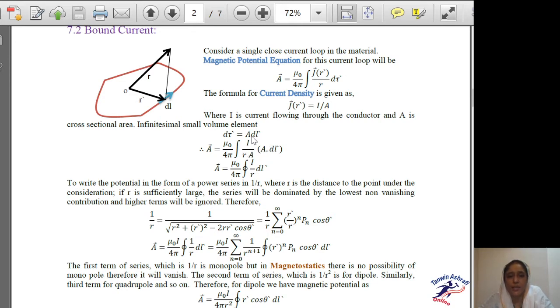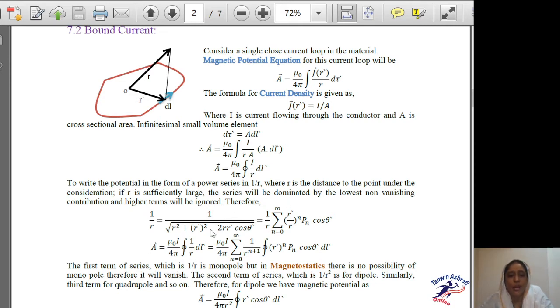A gets cancelled and the equation becomes mu naught divided by 4 pi, integration over closed path, I divided by R, dl prime. We write the potential in the form of a power series of 1 upon R, where R is the distance of the point under consideration. If R is sufficiently large, the series will be dominated by the lowest non-vanishing contribution and the higher terms can be ignored.